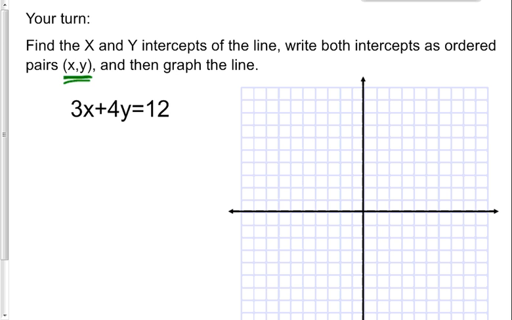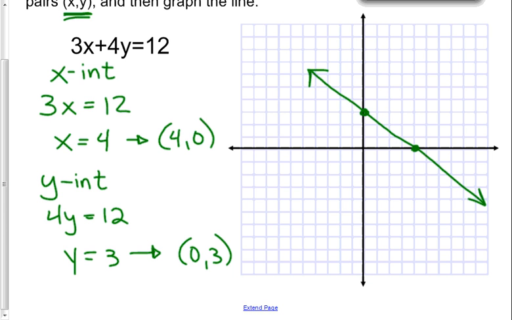And once you have those 2 ordered pairs, I want you to graph the line. Pause the video now. Here's your solution. X-intercept is (4, 0). Y-intercept is (0, 3). So when we plot those 2 points, there's our graph.